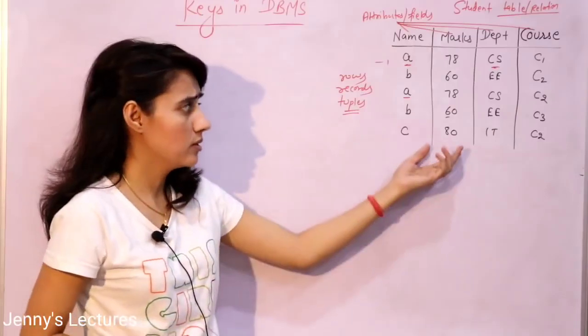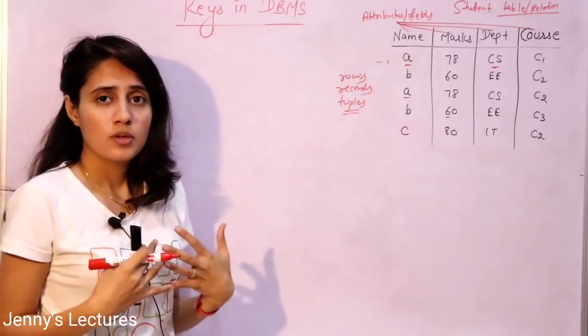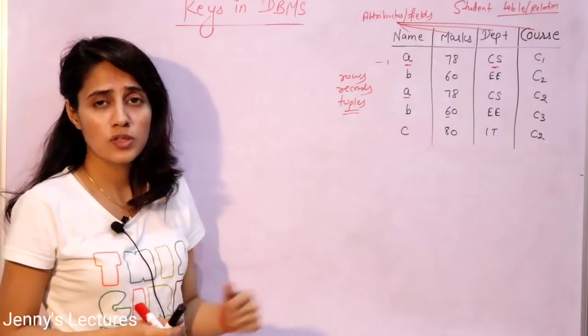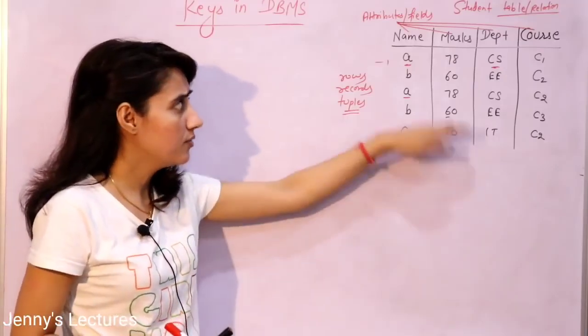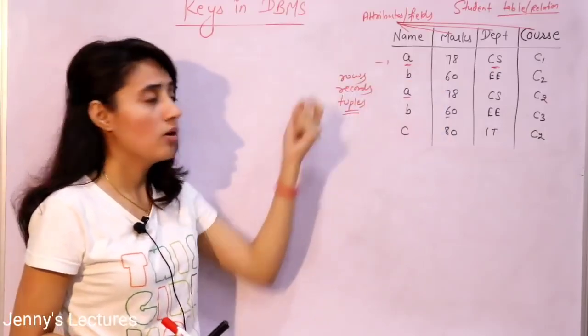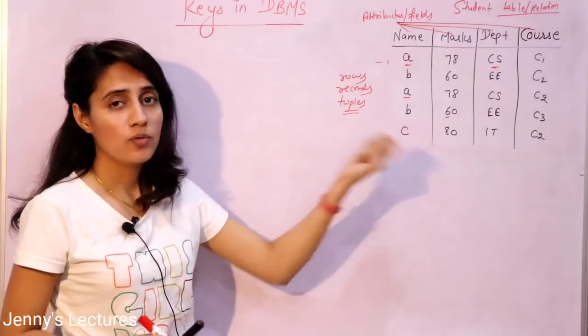I am not able to access the data in my database, or I am not able to solve my problem. If I am not able to solve my problem with the data I have, then what's the use of this data? So there should be something using which I can identify each record uniquely. I can access each record I want by giving that particular value.